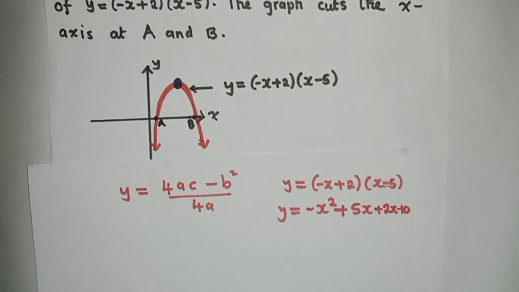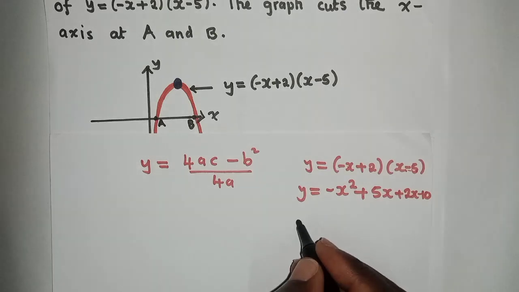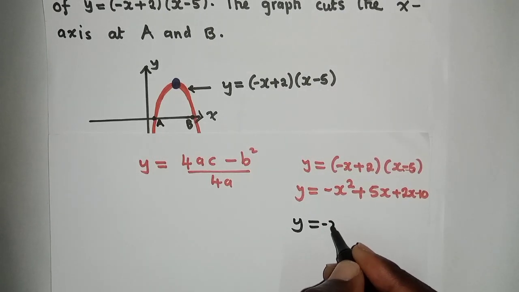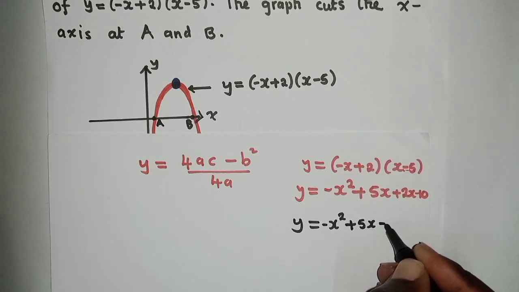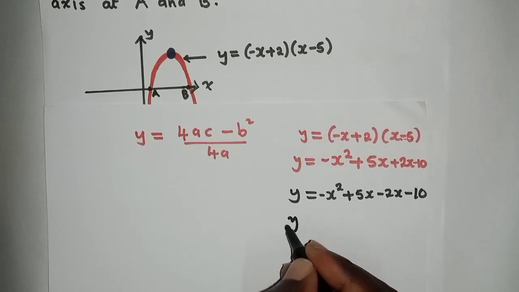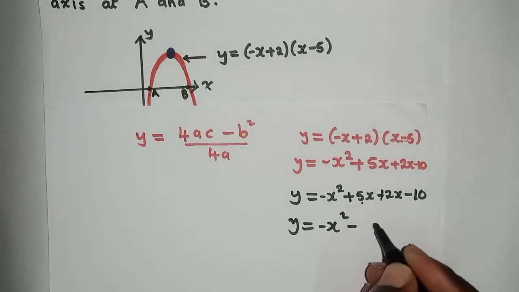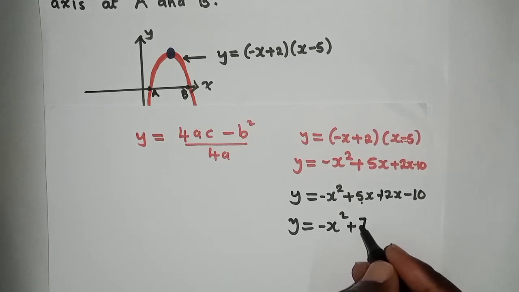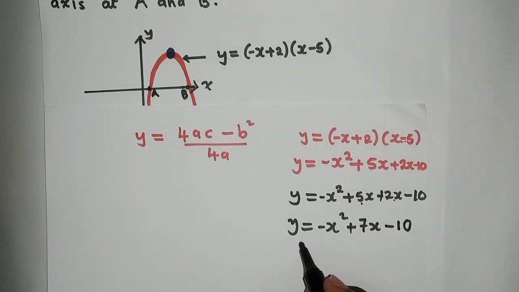Let me write my function properly so that you can see it nicely. When we add 5x plus 2x, it will give us 7x. So it's now in standard form.